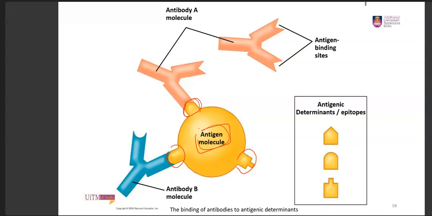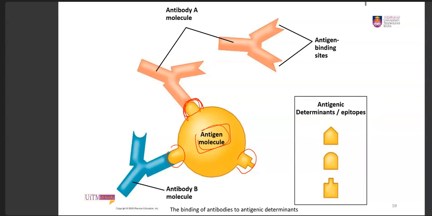An antigen molecule can have several epitopes, so several antibodies can detect that antigen. It means one virus can have several different antibodies against that pathogen, due to the binding to the epitope region.